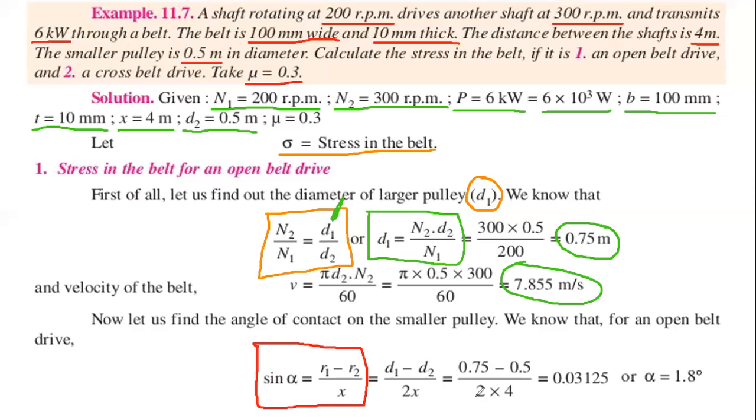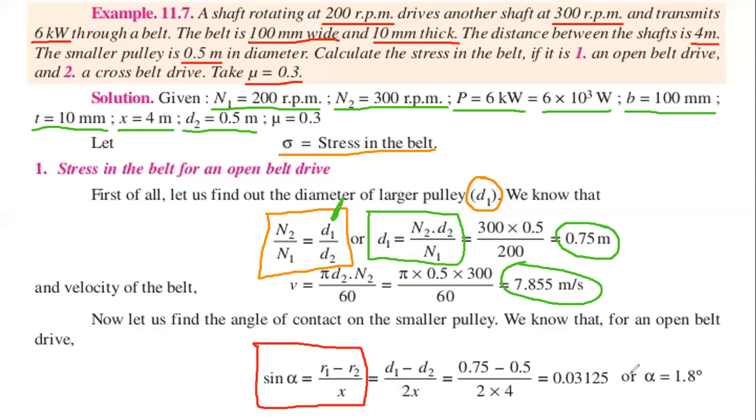It is also taken as (d1 minus d2) by 2x. Sorry, the radius is equal to diameter by 2. So we have taken the same values.